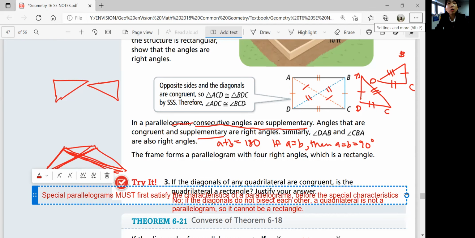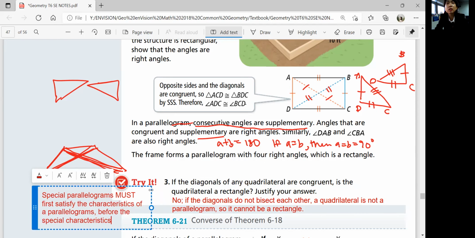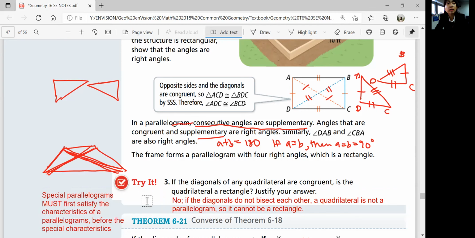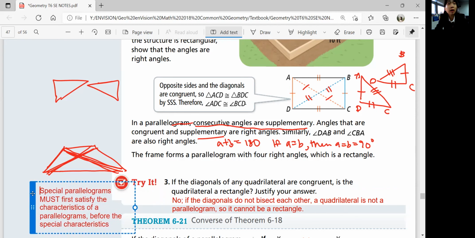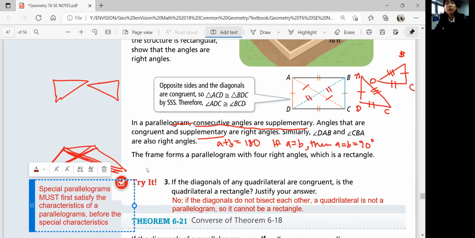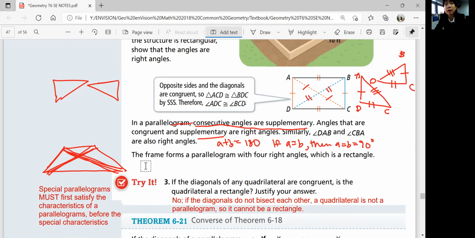I hope I worded this correctly or in an easy way. So first, special parallelograms must be a parallelogram first, and then you can see what type of special parallelogram they are.